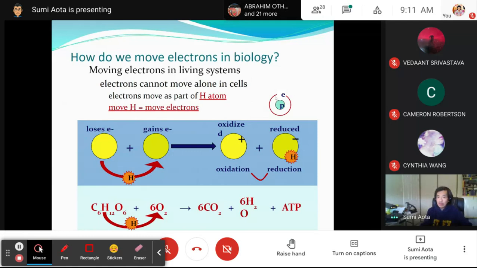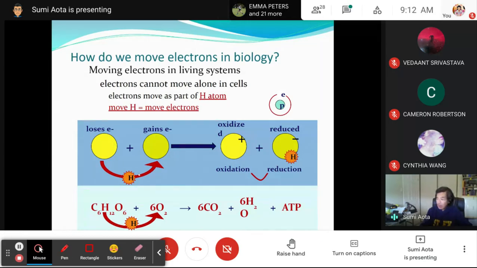And therefore, you're moving the proton to keep the charge neutral. Moving hydrogen is equivalent to moving electrons in biology. So if a substance is oxidized, it's literally moving a hydrogen atom from one molecule to another.